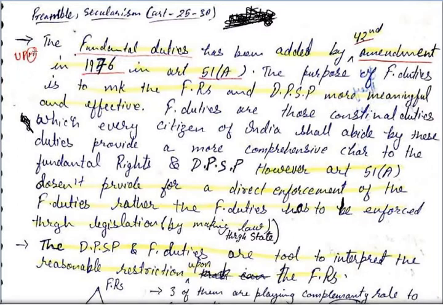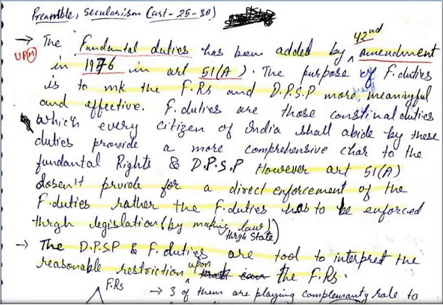Write down: the fundamental duties have been added by the 42nd Amendment in 1976 in Article 51A. The purpose of the fundamental duties is to make the fundamental rights and DPSP more meaningful and effective. Fundamental duties are those constitutional duties which every citizen of India shall abide by.